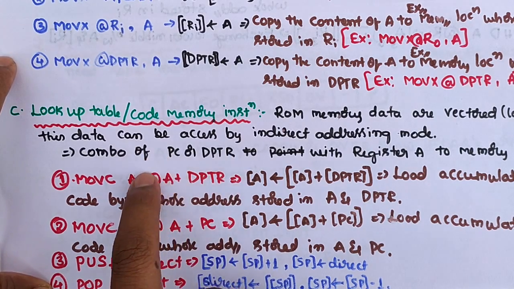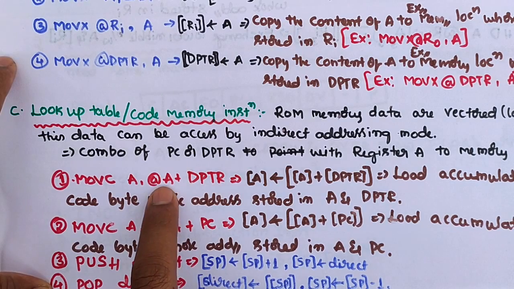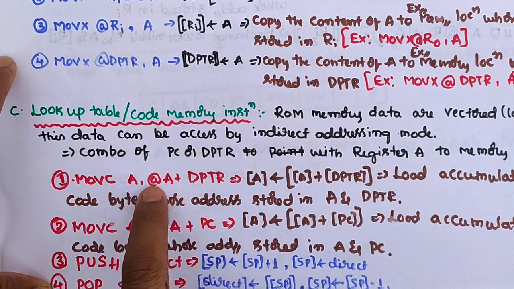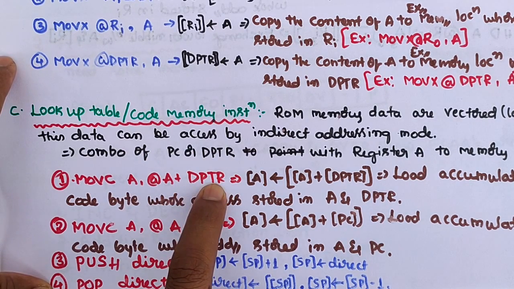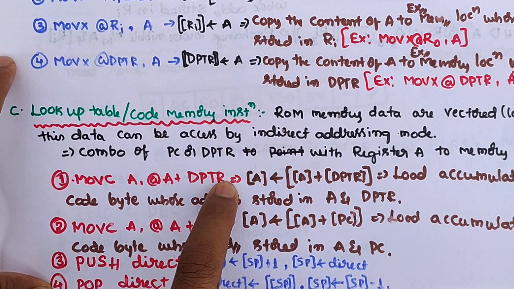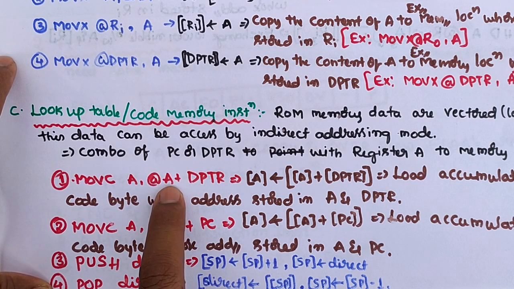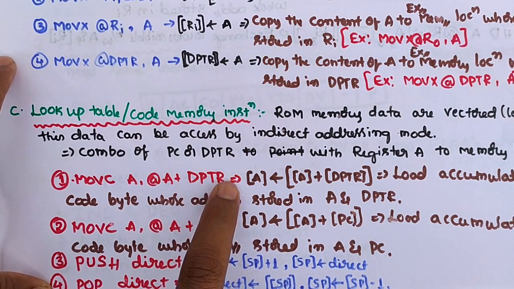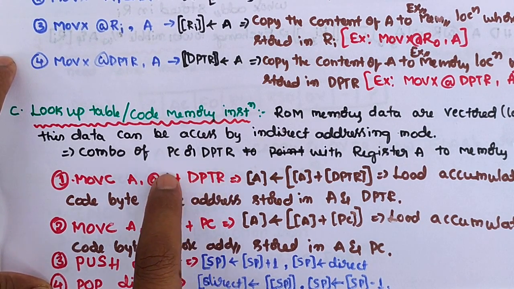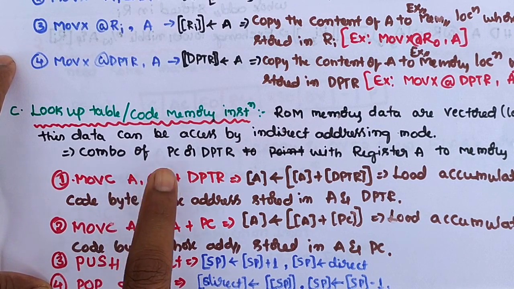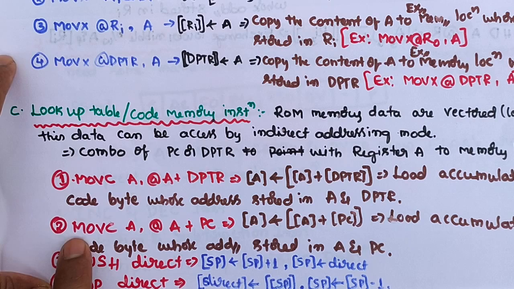That means the physical address of the content is determined by both the accumulator and the DPTR register. The ROM location is split into two addresses, and the physical address is the sum of the address stored in the accumulator and DPTR. If you add these two, you get one address related to the ROM location, and that content will be transferred to the accumulator. We are using the MOVC instruction.